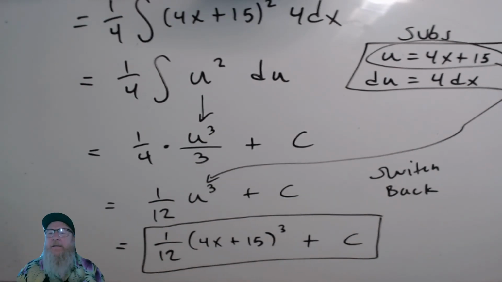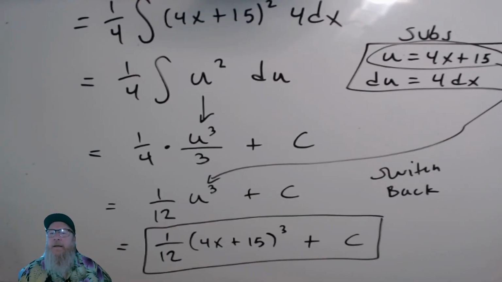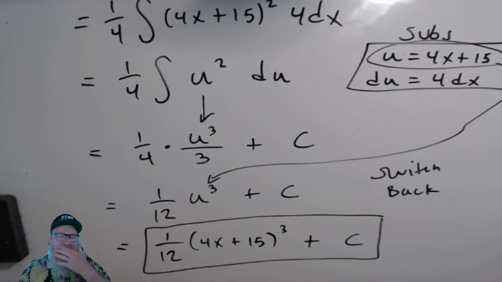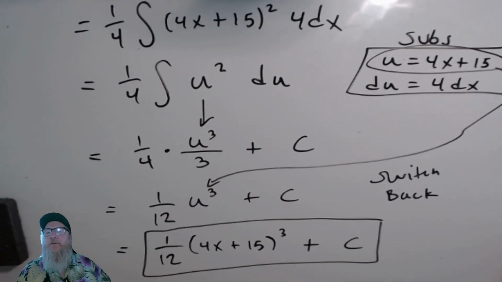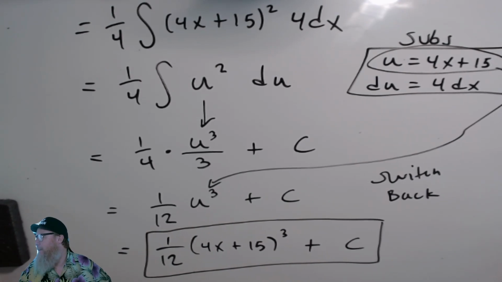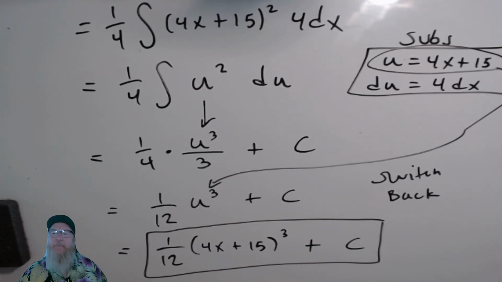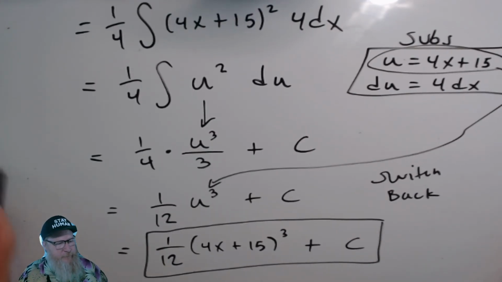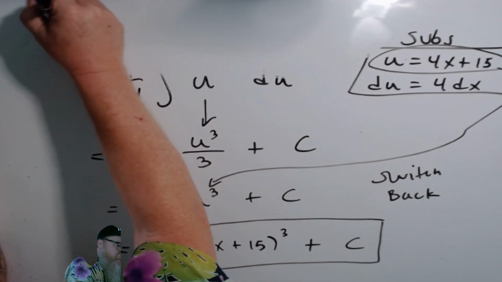And there's your final answer. Not too bad, huh? I drew that one out quite a bit. In future examples, I'll probably do some of the steps a little bit more streamlined, but like in the next example 4. So don't forget your plus C, capital C. Example 4.